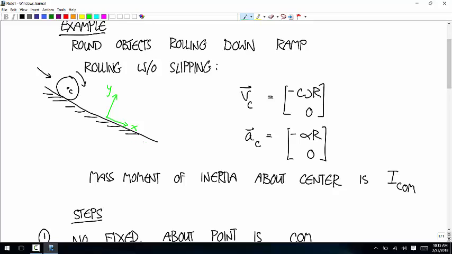We need to give this an angle. Let's just call it theta so it's general.